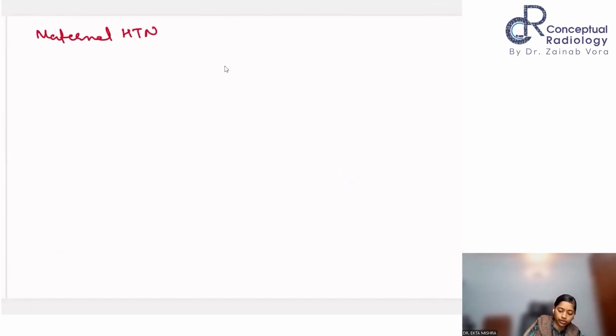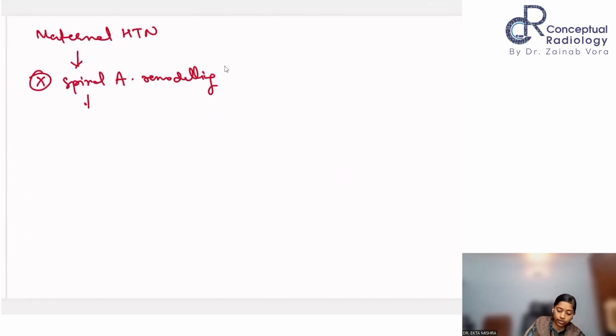Maternal hypertension is going to cause decreased, we'll start from spiral artery level. Spiral artery remodeling, right? So trophoblastic invasion and everything is hampered.